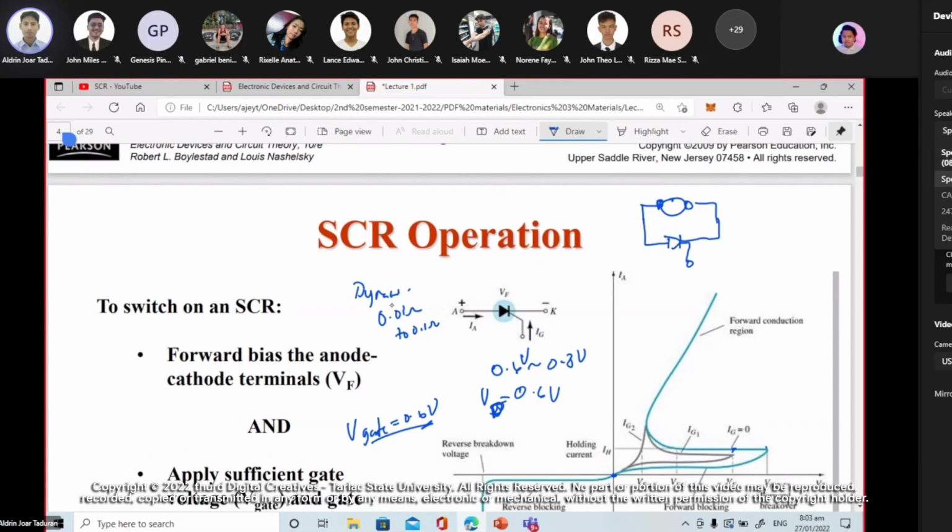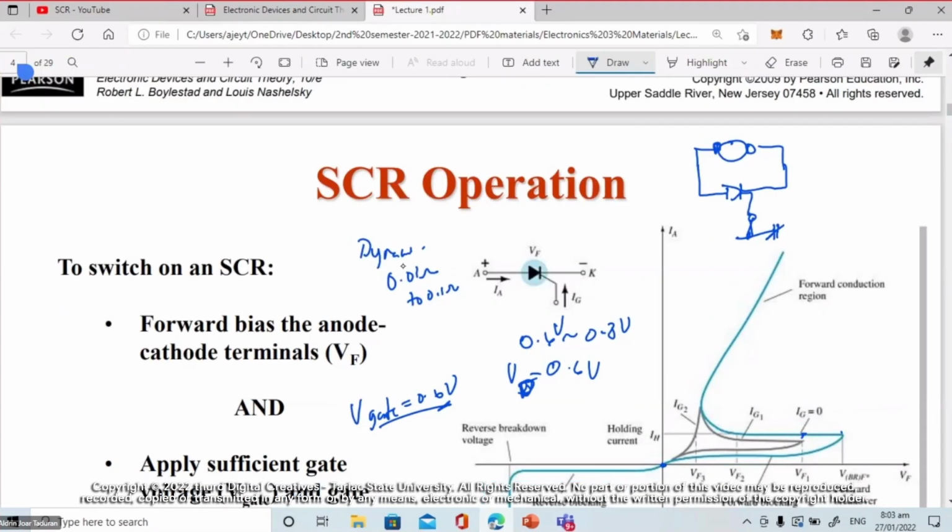Once the supply is 0.6 volts and you switch it on, the gate triggers and the motor turns on.